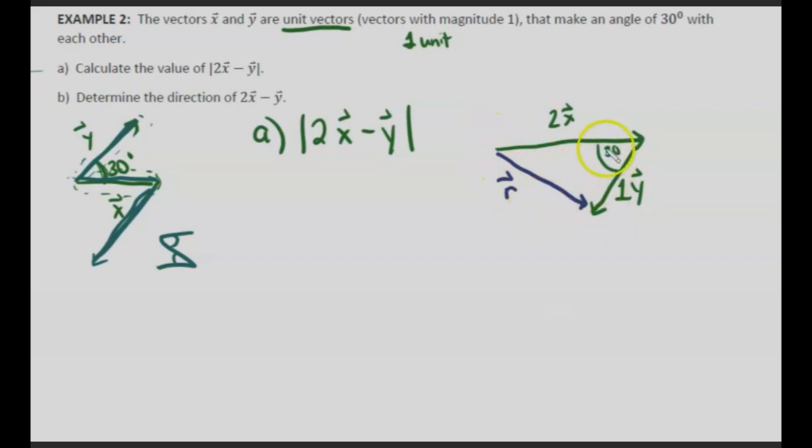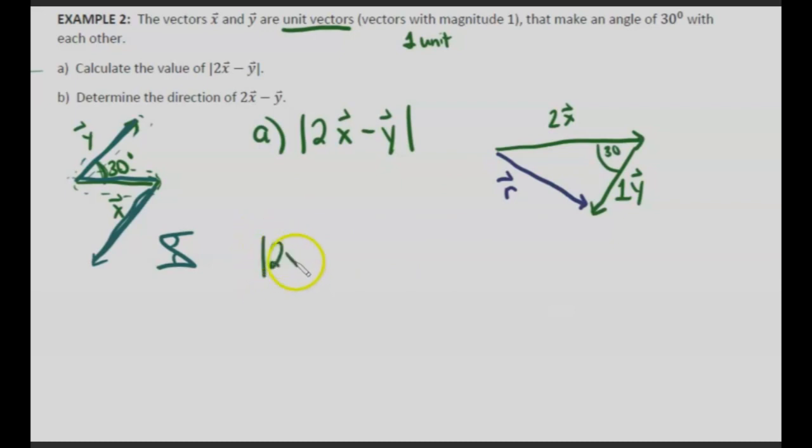If we have the magnitude of 2 of these sides and the contained angle, we can solve for the magnitude of R using cosine law.